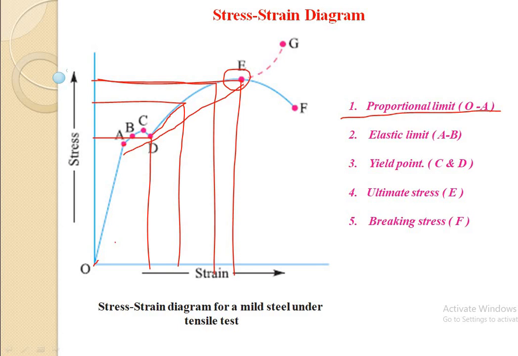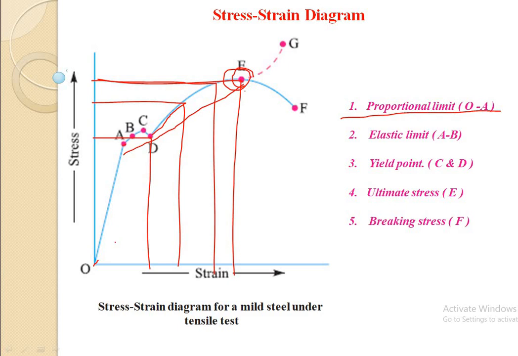Now the work done during stretching the specimen is transformed largely into heat and the specimen becomes hot. At E, the stress which attains the maximum value is known as the ultimate stress.